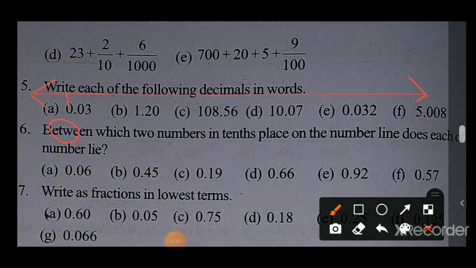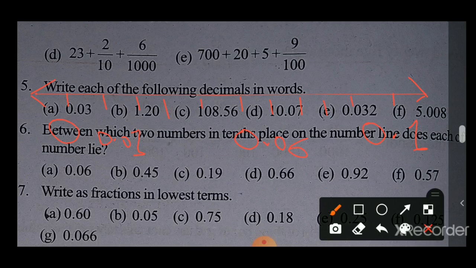Suppose it is 0 and it is 0.1. In between this is 1, 2, 3, 4, 5, 6, 7, 8, 9, and this is 10 parts. So this is for 0.01, the next one for 0.02, this is for 0.03, this is 0.04, 0.05, and this one is for 0.06, because it is the hundredths part.